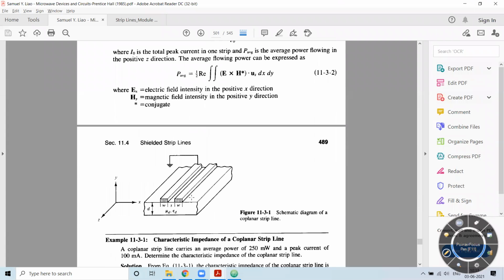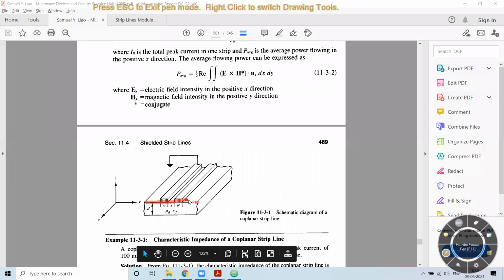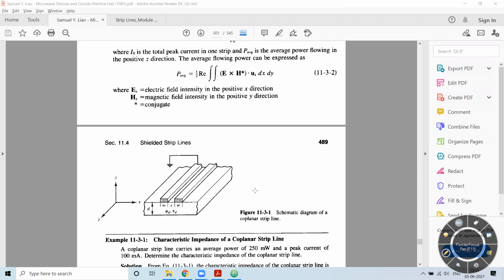Coplanar. Now these two are present in the same plane. So here you have a dielectric material, and on one end of the dielectric material, you will have two strip lines which are placed parallel to each other. And along with that, one of the strip lines is grounded. Now, what is the advantage of such a structure?